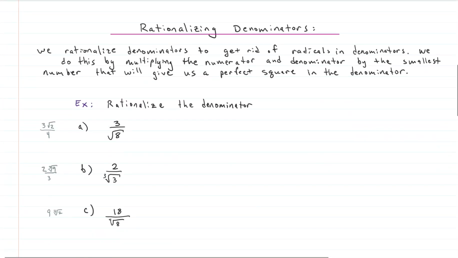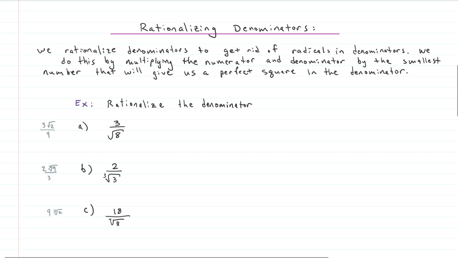Let's get going. So, rationalizing denominators. We rationalize denominators to get rid of the radicals in denominators. Rationalizing a denominator is just a phrase we use in math to describe the process of getting rid of a radical in a denominator.